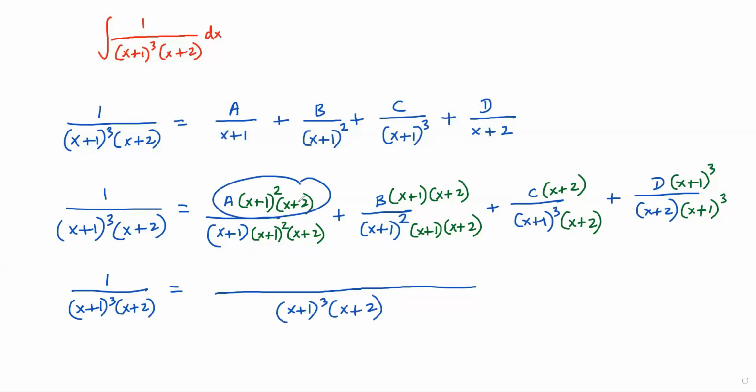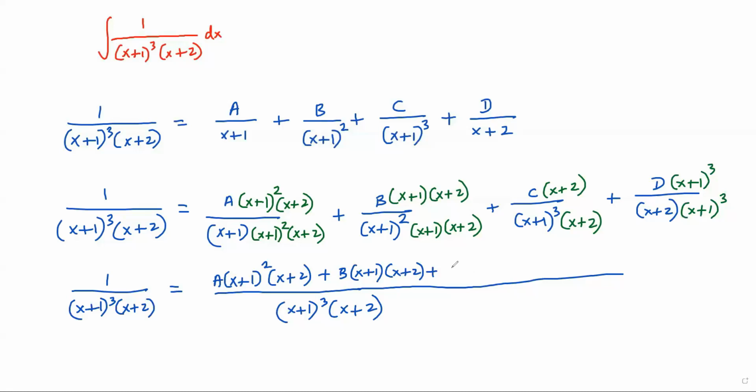And the numerator of the first fraction is A times (x + 1) squared times (x + 2). The numerator of the second fraction is B times (x + 1) times (x + 2). The numerator of the third fraction is C times (x + 2). And the numerator of the fourth fraction is D times (x + 1) to the third power.